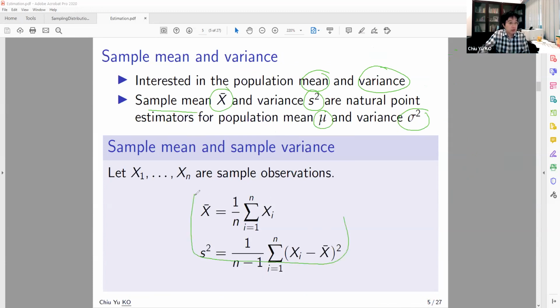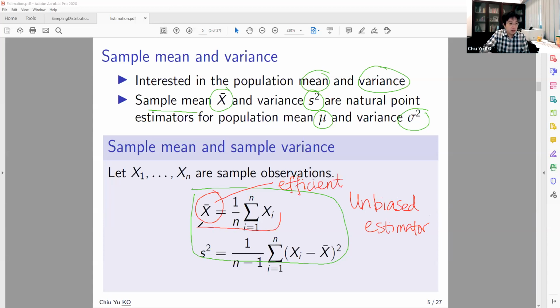So we'll prove these two are unbiased estimators. And further, we will show you the sample mean is an efficient estimator. Not only unbiased, it's also efficient.